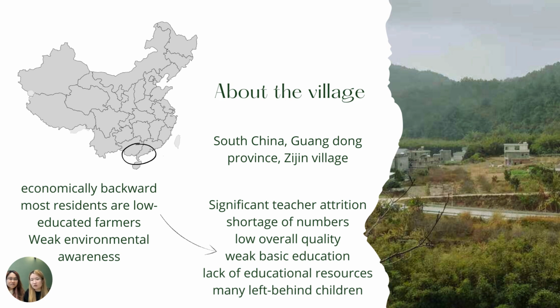Many parents migrate to urban areas in search of better income, leaving their children behind in the care of relatives or in boarding schools. So the separation from their families and the lack of parental guidance and support often adversely affect the educational progress and overall well-being of these children.